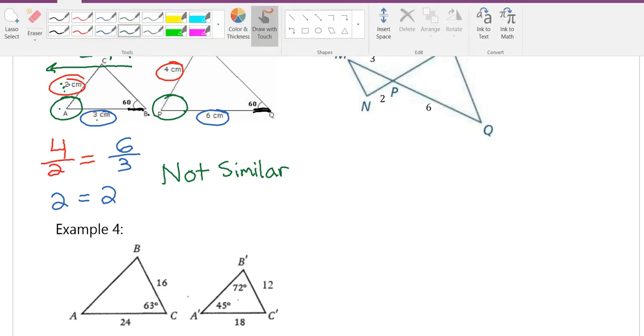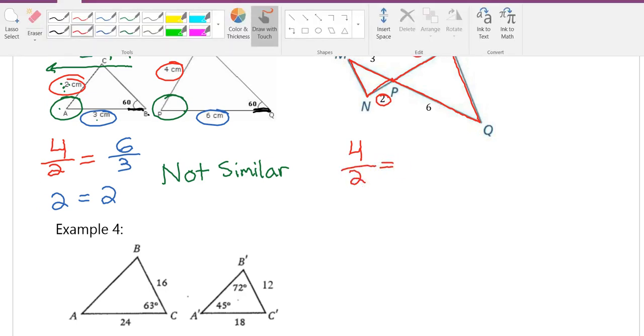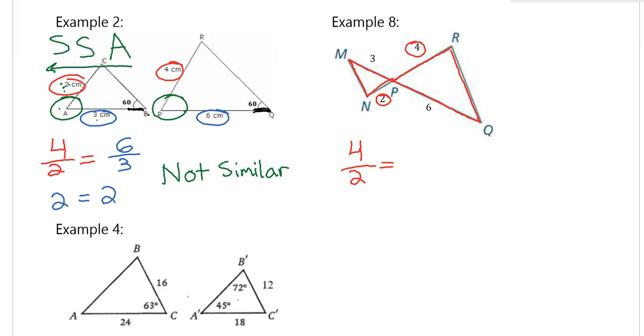Okay. Starting with our small sides, in this triangle here, I have a 4, and in this triangle here, I have a 2. Then, my bigger sides, I have 6 here and 3 here. So 4 over 2, 4 divided by 2 is 2. 6 divided by 3 is 2. So that works.